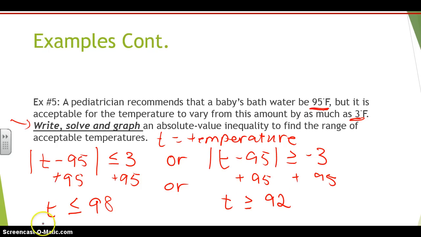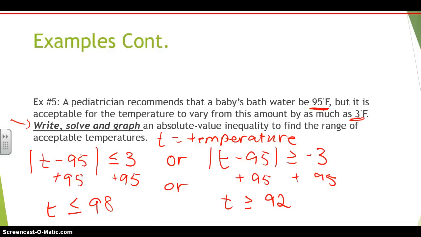So the way I would write that would be 92 is less than or equal to T, which is less than or equal to 98. So the temperature of that bath water can range anywhere from 92 to 98.